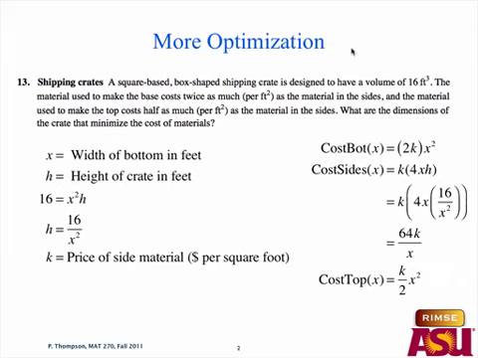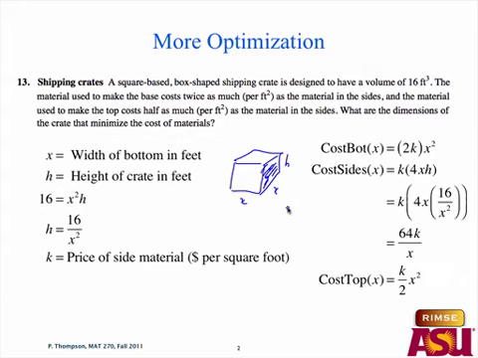Cost of the sides, so that's just our K, and then each side is going to be x times h, and we have 4 of them. Let me redraw it here. So the bottom is x squared, and its cost is 2K. The sides, each side has an area of x times h. Those have a cost of K, and we have 4 of them.